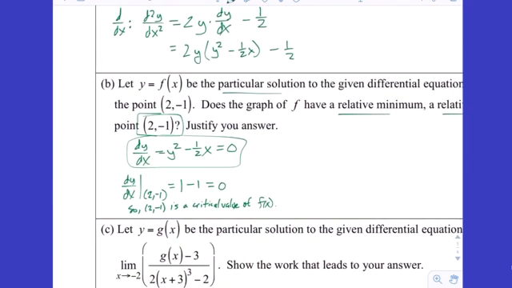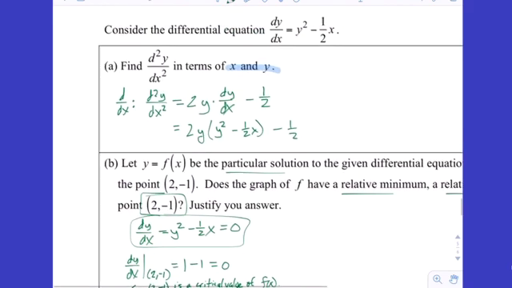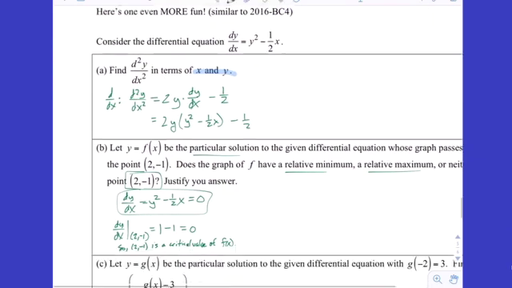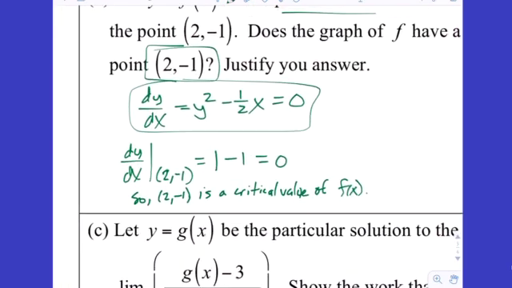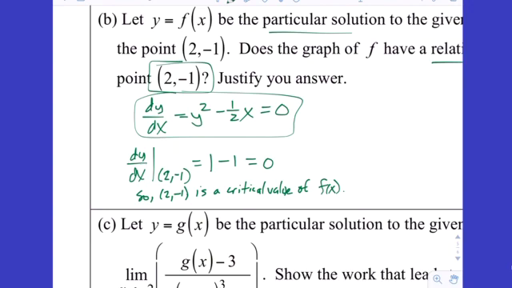Which one here is more suitable? Yeah, they're trying to kind of lead you to the second derivative test because they had you find the second derivative on part A. By the way, if you wanted to do the first derivative test, would it even work? You have to pick a point on the graph that's to the left and to the right of x equals 2.